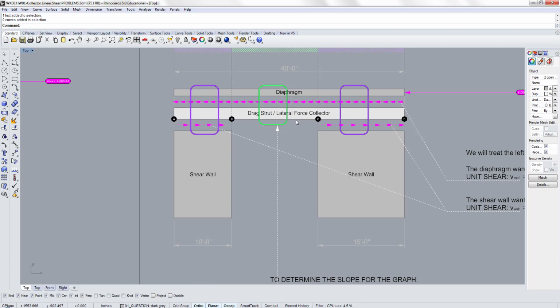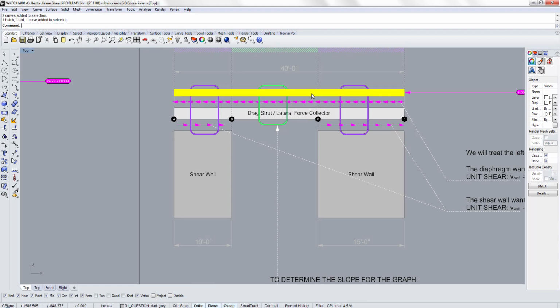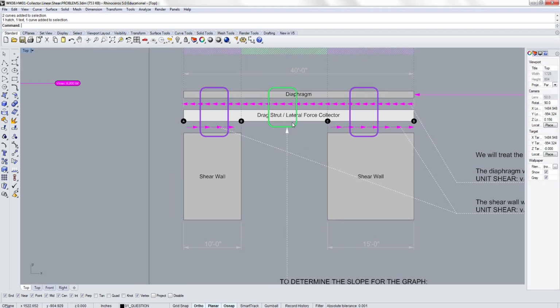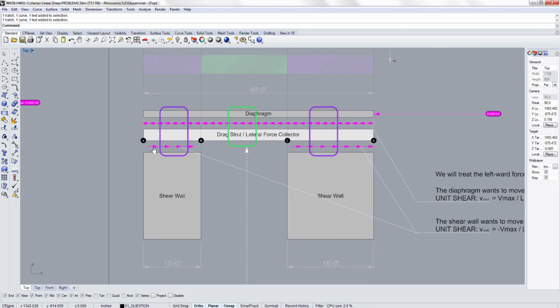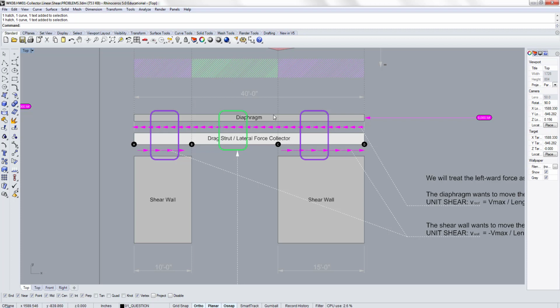But anyway, if you remember, right? So this is what's called the free body diagram of this lateral force resisting system. I'm basically just taking this diaphragm, drag strut, and shear walls. I'm separating them so that I can look at each of them separately. But what we are really zooming in towards is what's in this beam, right?